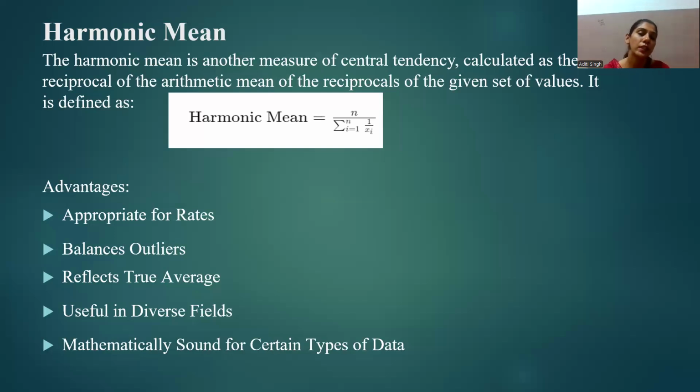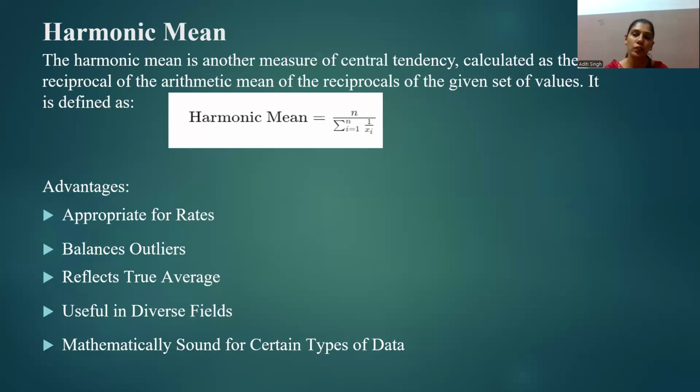Now let's come to the advantages and disadvantages of the harmonic mean. If we talk about the advantages, the harmonic mean is appropriate for rates. It balances outliers.